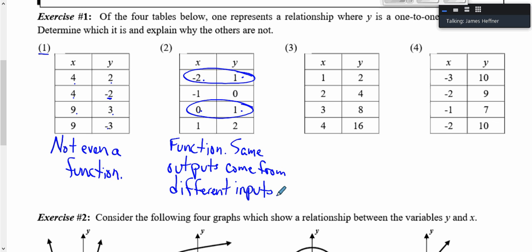Let's go look at number 3. Is number 3 a function? Yes, it is a function. Is it one-to-one? Yes. In other words, does every output here, y, come from a different and unique input?